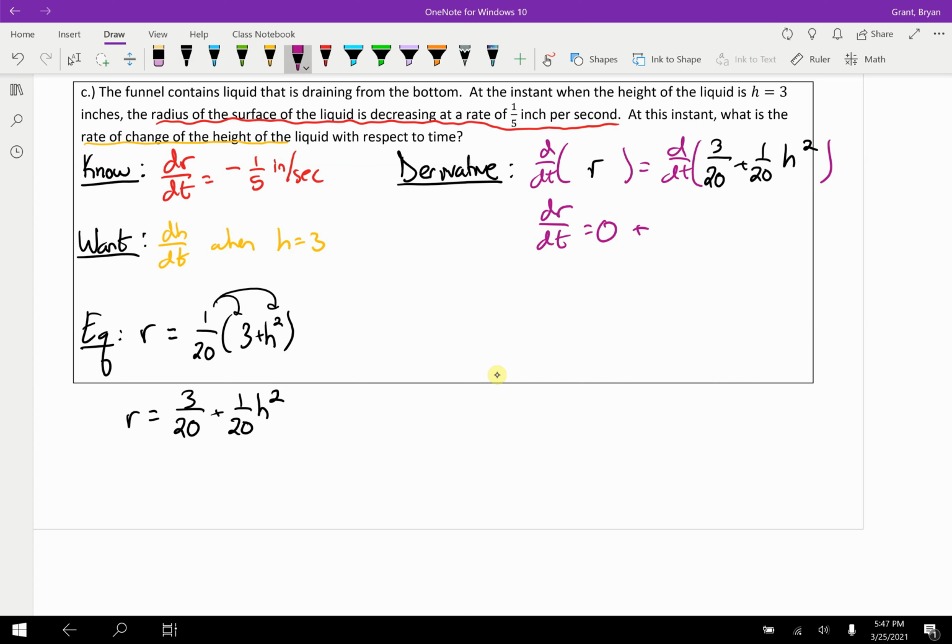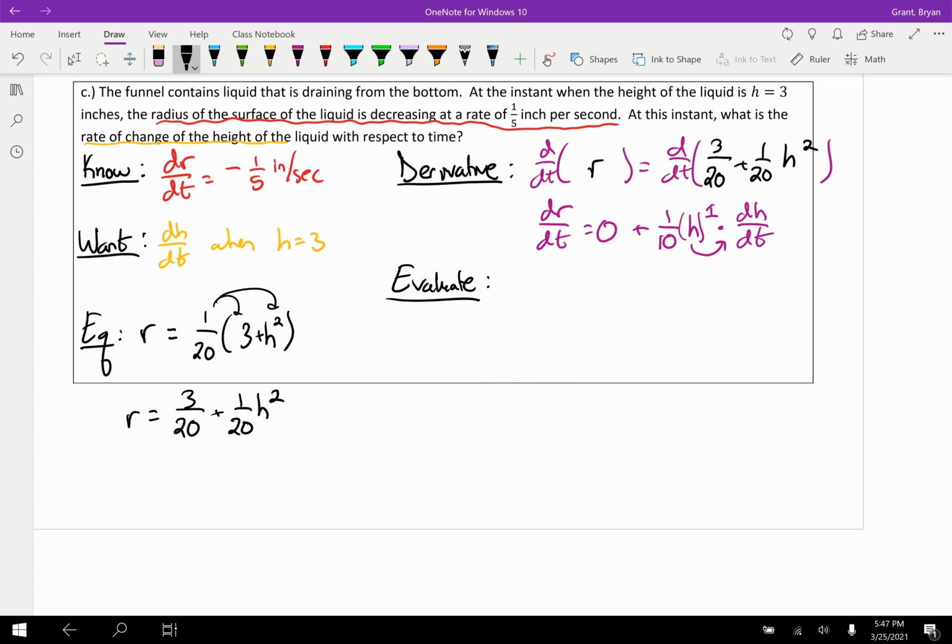It's a constant. The 2 is going to combine with the 1/20th to make 1/10. h stays the same to the first power times the derivative of the inside. Right? We can't have a derivative that only has one rate, then the rates wouldn't be related to each other, times dh/dt.